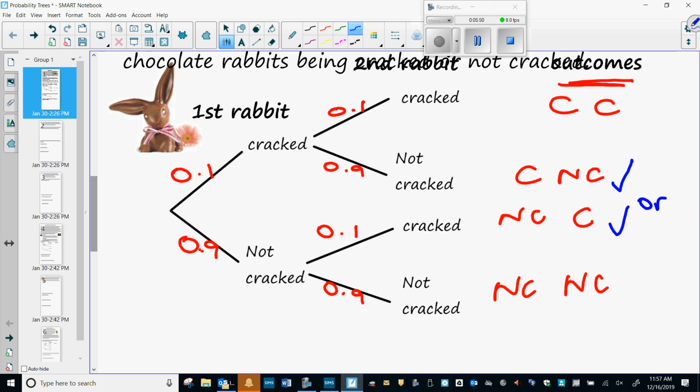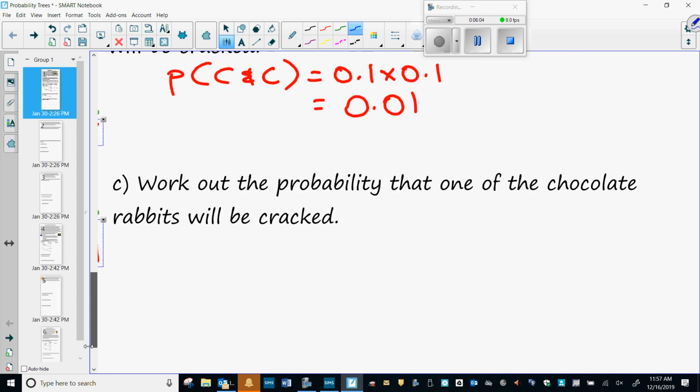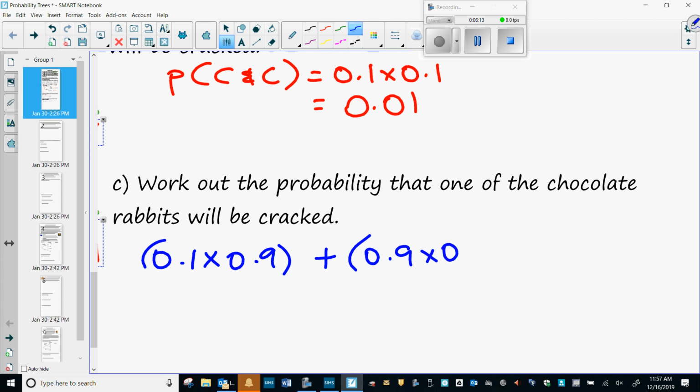So we said that to find all probabilities, we add them. Yes? So what we have to do is find the probability of this one, the probability of this one, and then add those two together. Okay? So the probability of that first one was 0.1 multiplied by 0.9 plus 0.9 multiplied by 0.1.